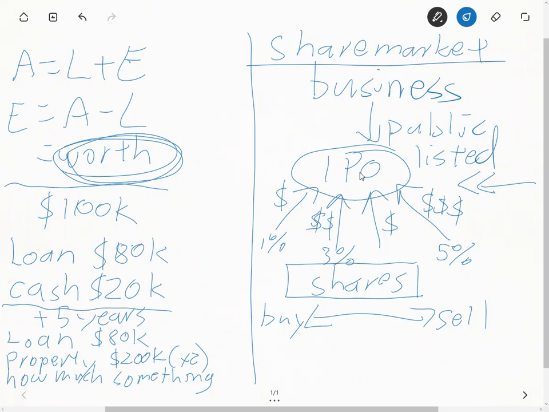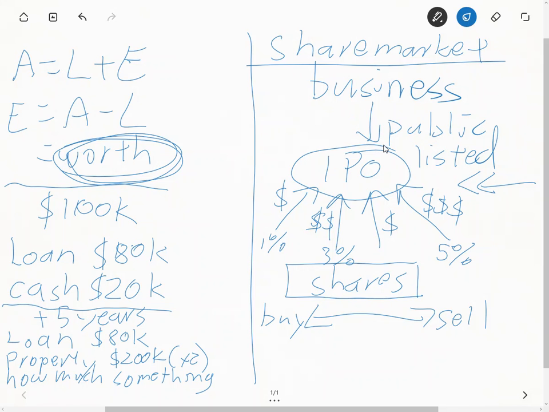Now, often they will retain a stake in that business. It might be quite a large stake, it might be a relatively small stake, it might only be 5% or 10%. But they still own a very large percentage of that business. So, as an example, I think the Packers, who used to be the richest family in Australia.